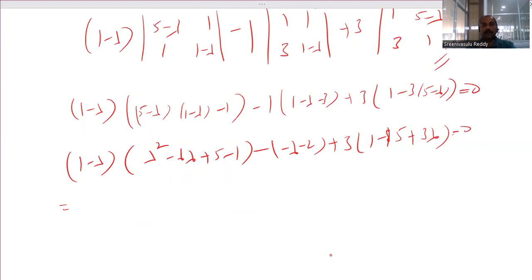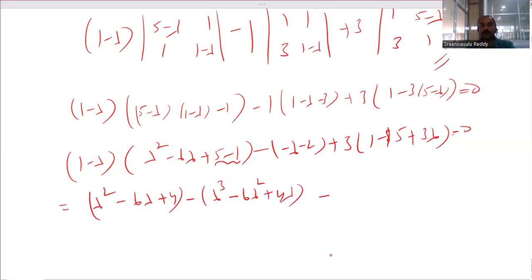Here lambda square minus 6 lambda plus 4, I am doing this without explanation because it is better to finish quickly. Minus 6 lambda square plus 4 lambda plus lambda plus 2. Here we get 15 minus 1, minus 14. Minus 14 into 3 is minus 42, plus 9 lambda equals 0.